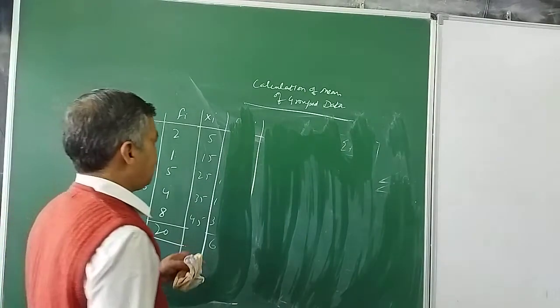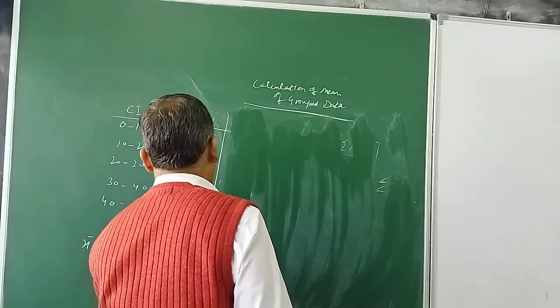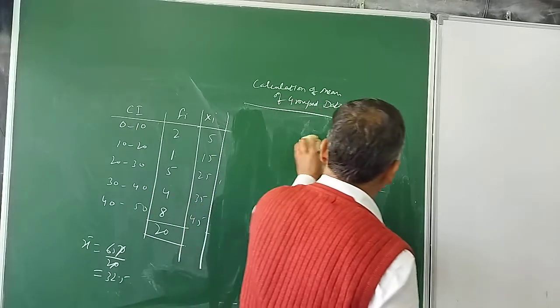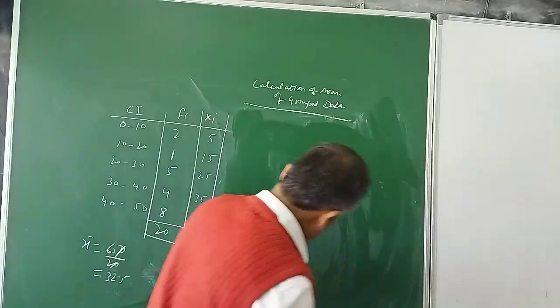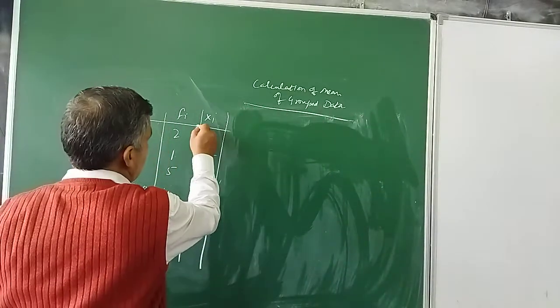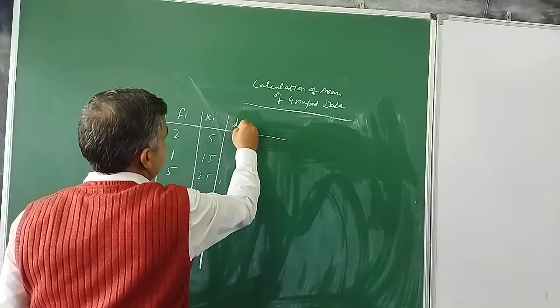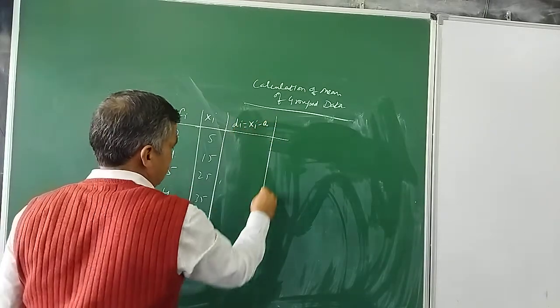Now from the deviation point of view or shortcut method point of view, in the first you remember there were only 4 columns. Now the fifth one I am adding is di. What is that? di is the deviation, that's why it is called di. di is always equal to xi minus a.